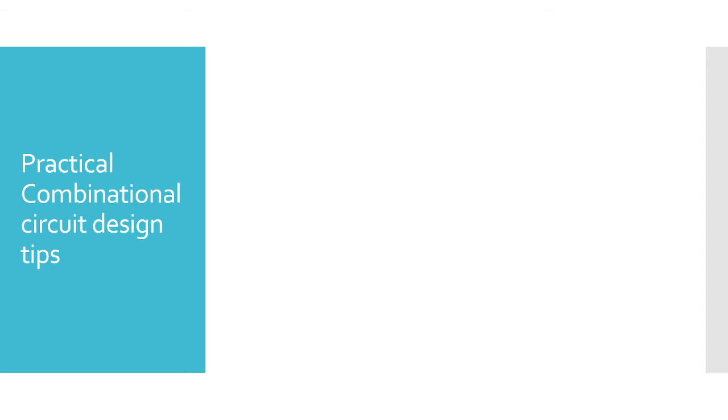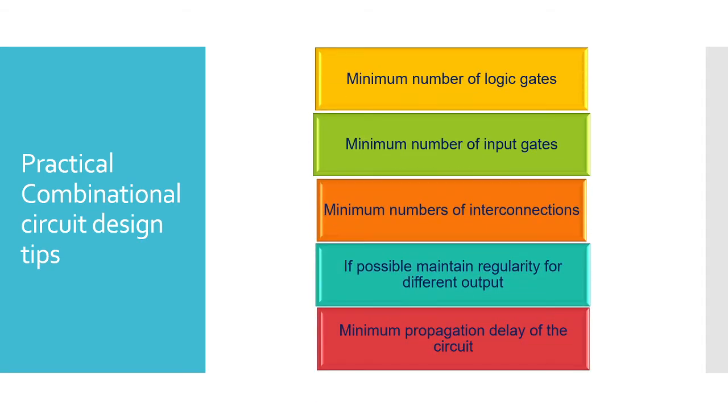Before going to the example, let me tell you some tips for practical designing. You need to remember some points. As a good designer, as a good engineer, you should design a circuit that contains the minimum number of logic gates. Next, you should decide on a circuit that requires a minimum number of input gates.